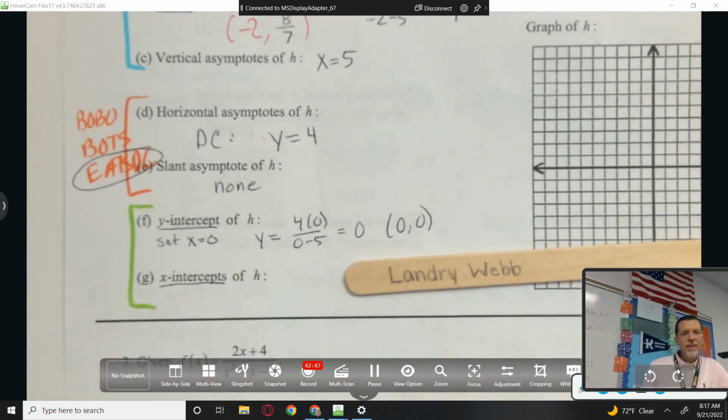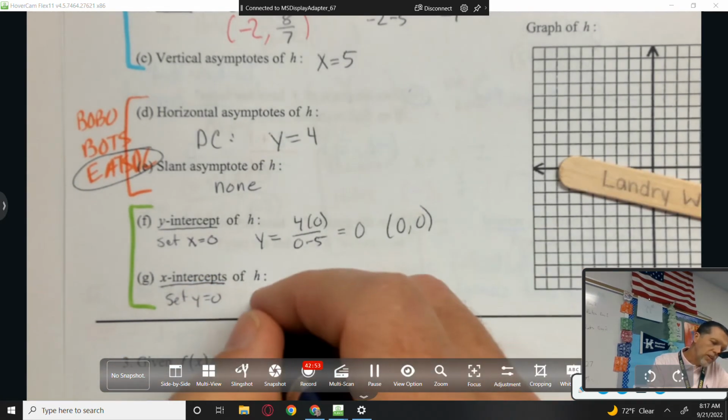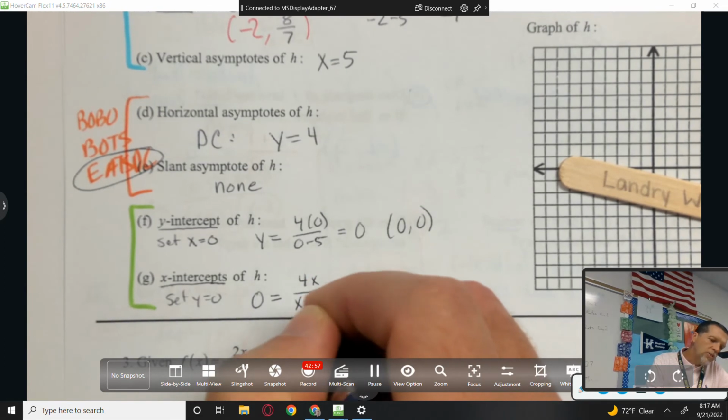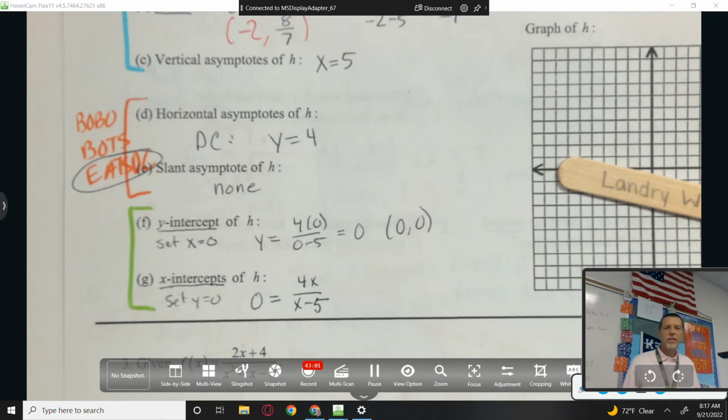Landry, how do we find x-intercepts? Y equal to 0. So 0 equals... And again, once you've accounted for the hole, you can use the reduced function from then on out. So once you cross out the x plus 2's and say there's a hole at negative 2, then you can use the reduced one the rest of the way.